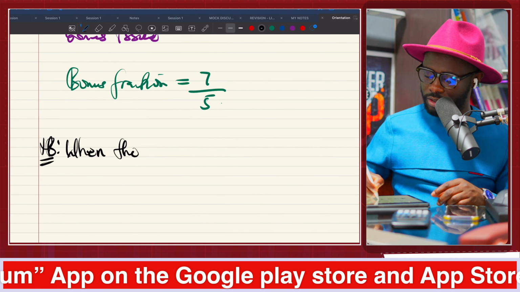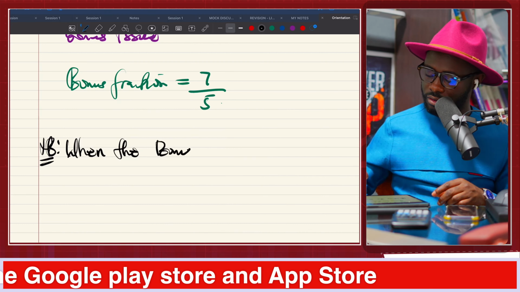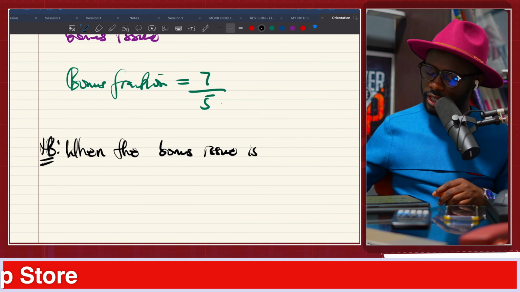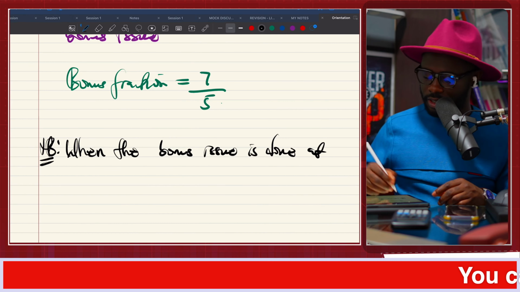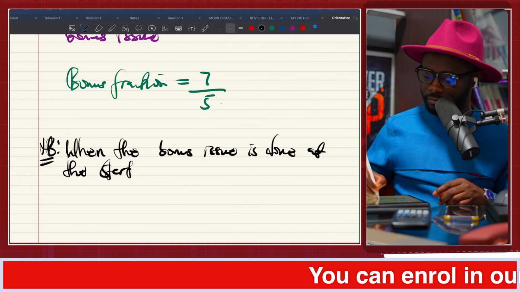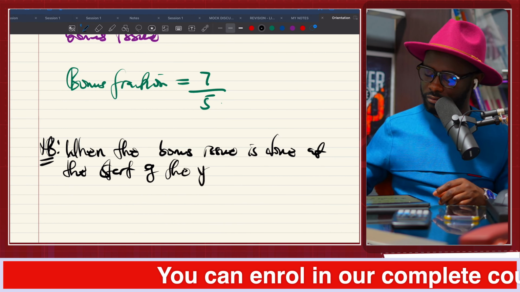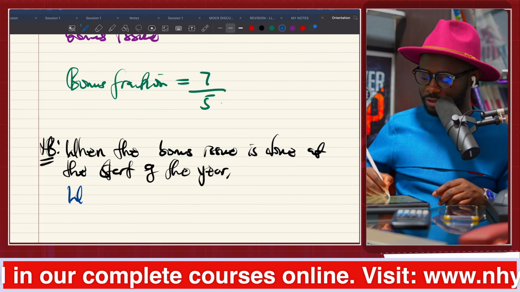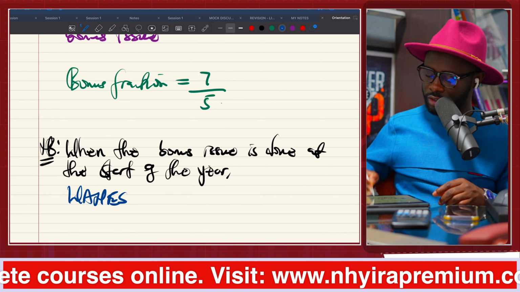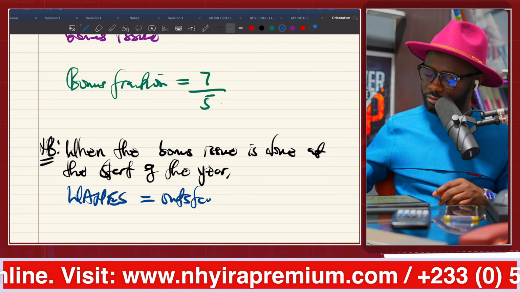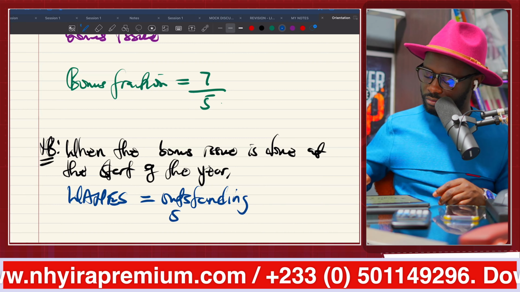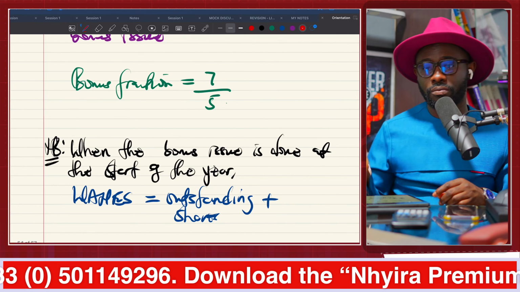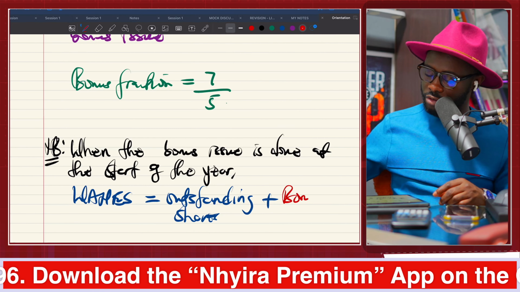So when the bonus issue is done at the start of the year, then your weighted average number of equity shares would just be the outstanding shares plus the issue in respect of the bonus issue that we had.